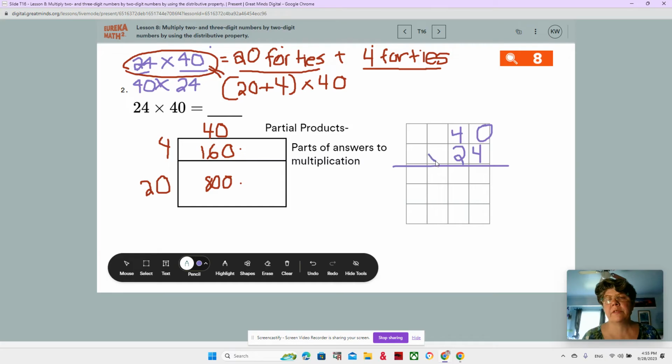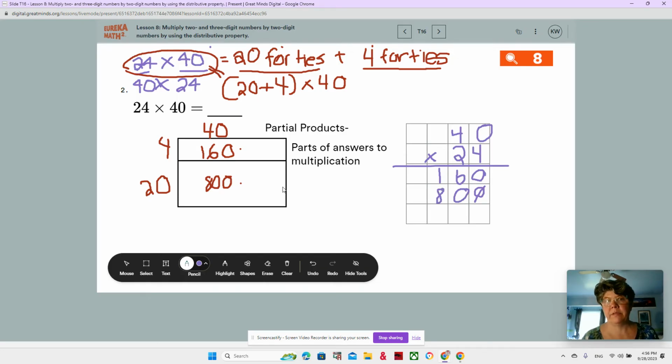Okay, 4 times 0, 0. 4 times 4, 16. I don't have to carry anything because I don't have anything right here. So I have 160. 4 times 40 is 160. Then magic 0, because now I'm in the tens place. 2 times 0 is 0. And 2 times 4 is 8.